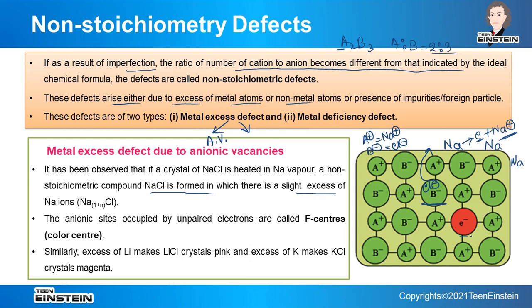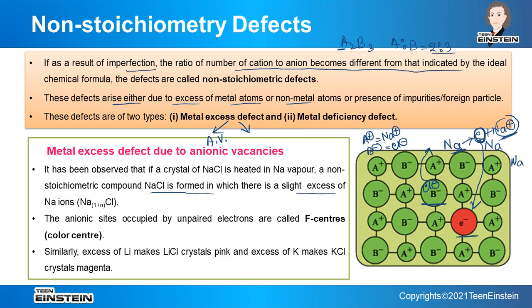Just as here you can see, this is the actual position of B minus or Cl minus, but this position is vacant. Why is it vacant? Because it is diffused to the surface so that it can bind with Na plus and there will be formation of NaCl. Now this electron which is removed from this sodium will come here. So this electron is coming to the position of Cl minus basically. Okay, so this is the process.